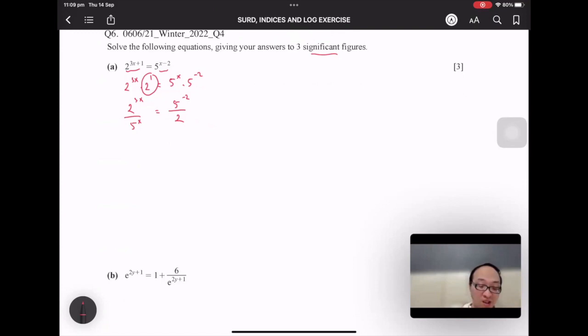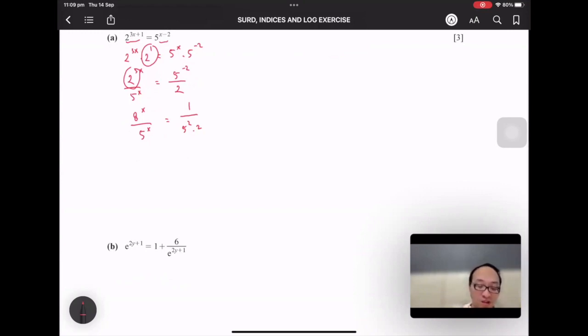And then I change the 2 to the power of 3x into 8 to the power of x over 5^x. Yeah, because 2 to the power of 3 is 8. And then equals... I put the 5^(-2) in the denominator, so it's 1 over 5 squared times 2.